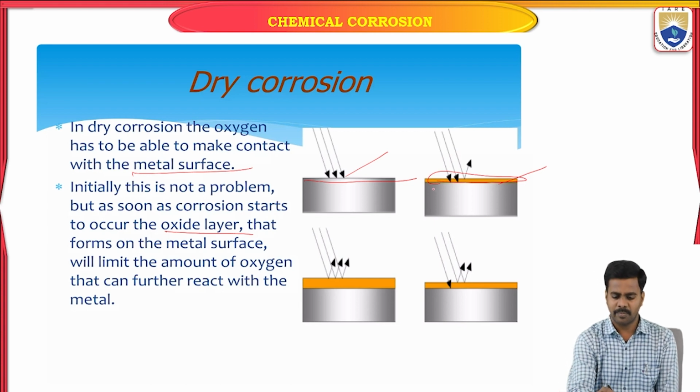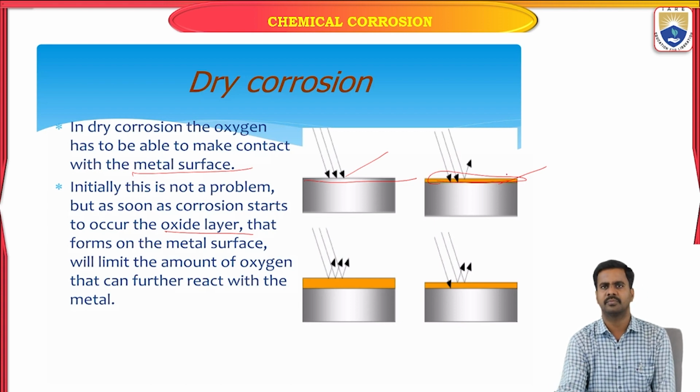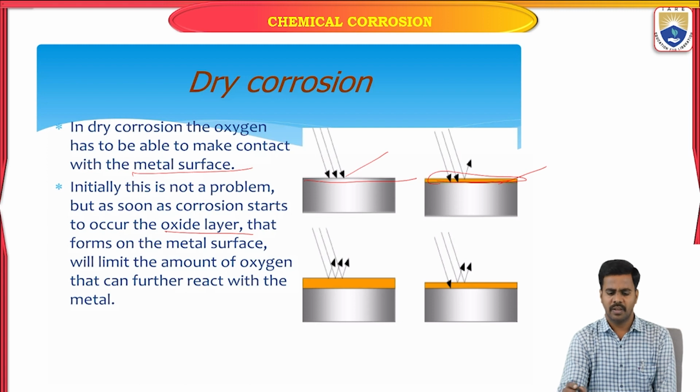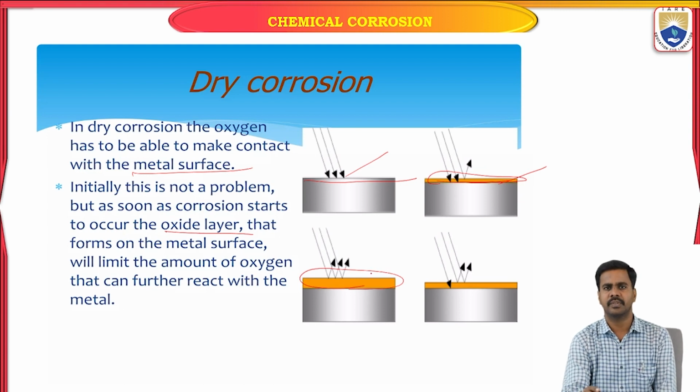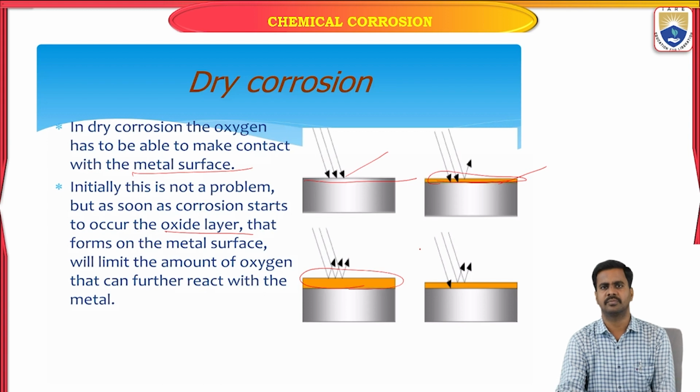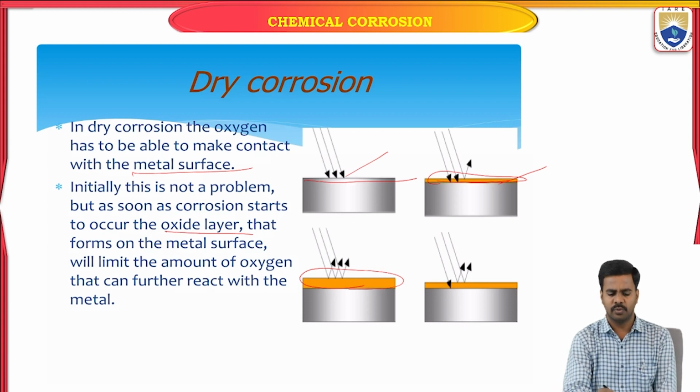You can see here the metal oxide layer. Gradually, the volume of the metal oxide layer on the surface increases, so the metal is gradually degraded by the attack of oxygen.